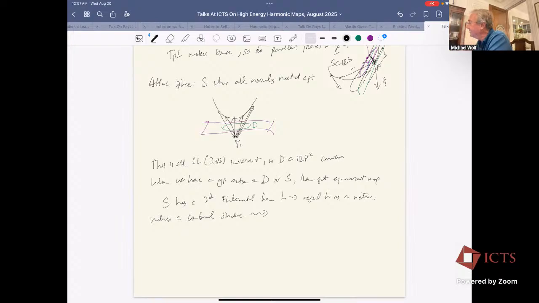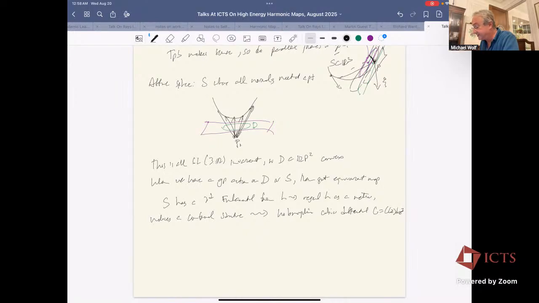The entire setup yields another conserved quantity, in this case a holomorphic cubic differential C of z dz cubed, holomorphic with respect to the complex structure that this second fundamental form defines when you view it as a metric.